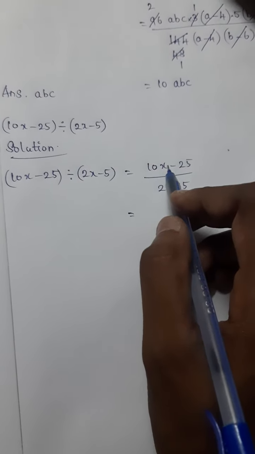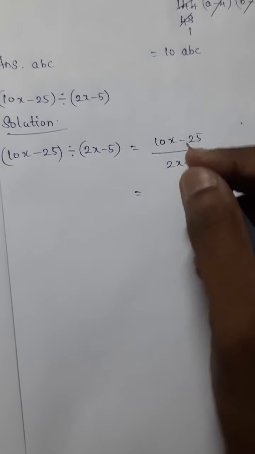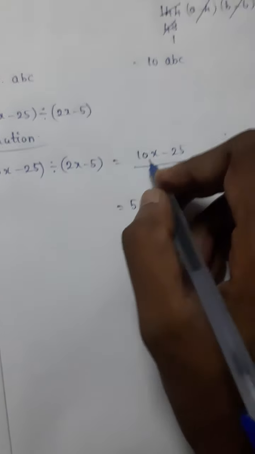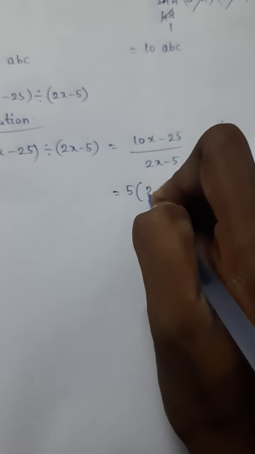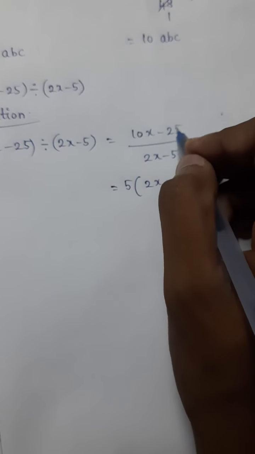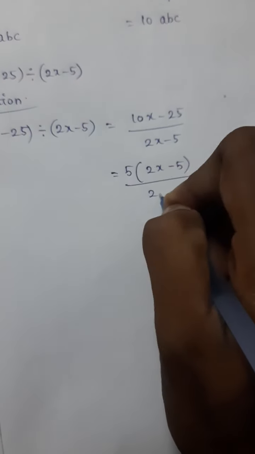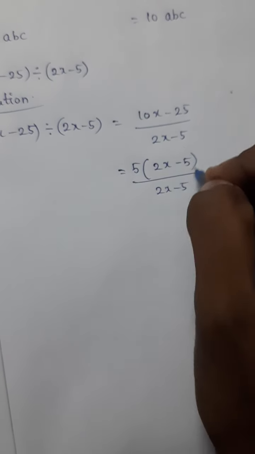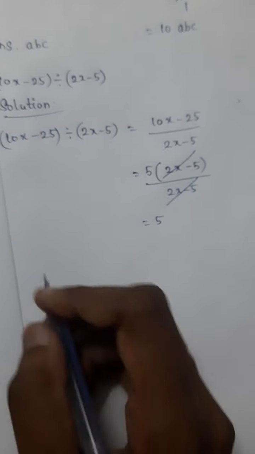From this numerator, which number can be taken outside? 5 is the common factor. So the remaining will be 10 divided by 5 is 2, so 2x minus 25 divided by 5 is 5. So the answer is 5.